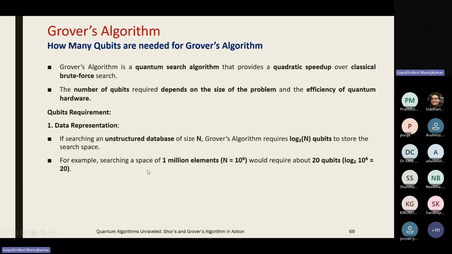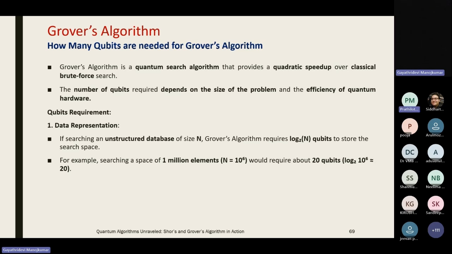If we are searching 1 million elements, that is n equals 10 to the power 6, it requires approximately 20 qubits, since log base 2 of 10 to the power 6 is approximately 20. Rather than handling 1 million operations, I can have 20 qubits that are essential to it. So compared to Shor's, a minimal number of qubits is required.